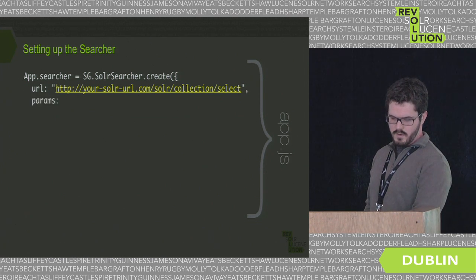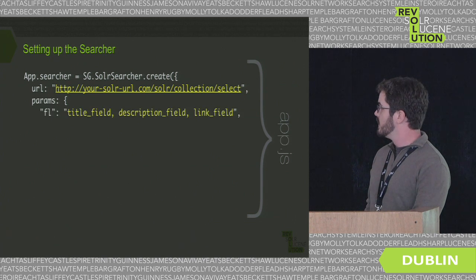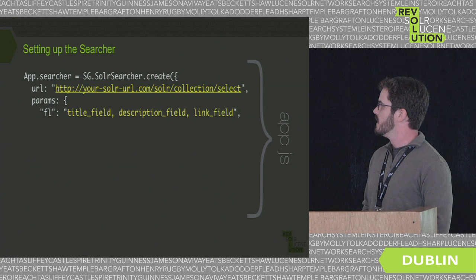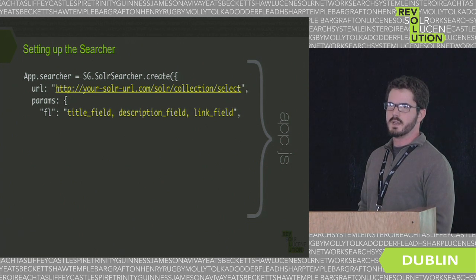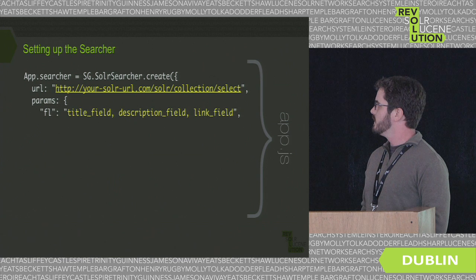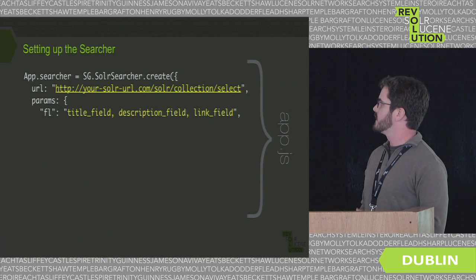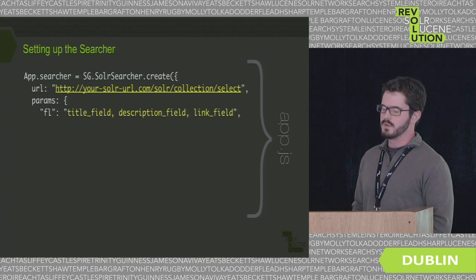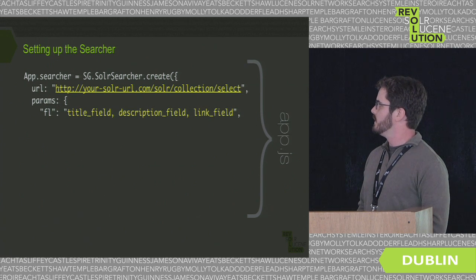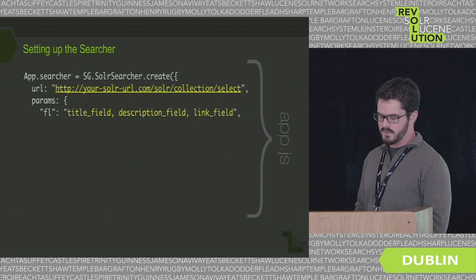And then in our parameters, we define the actual fields that we want to return to this searcher. And here we're just returning three baseline fields of a title, a description, and a link, which are the minimal fields that we need to return for the search page to work.